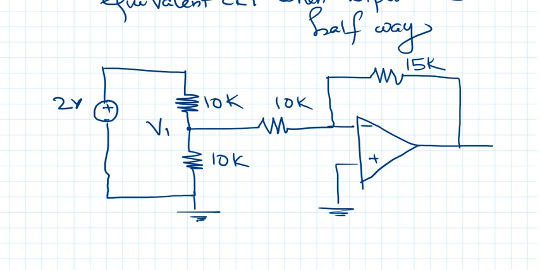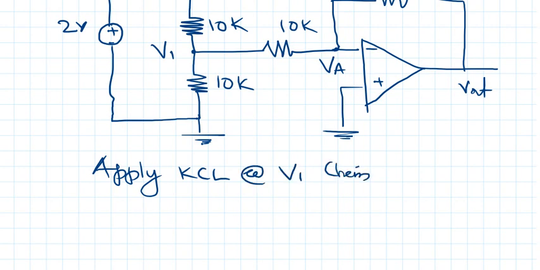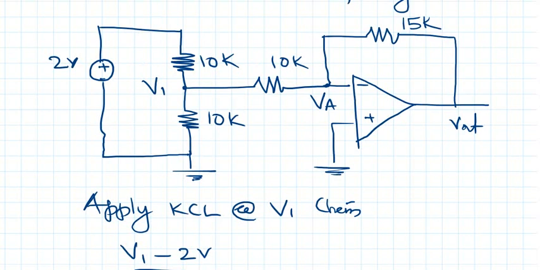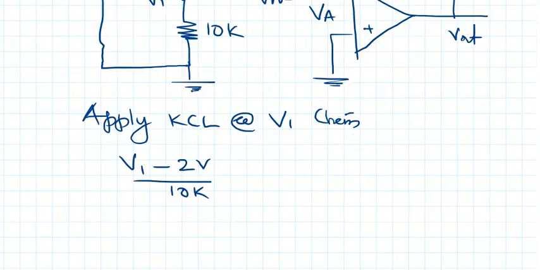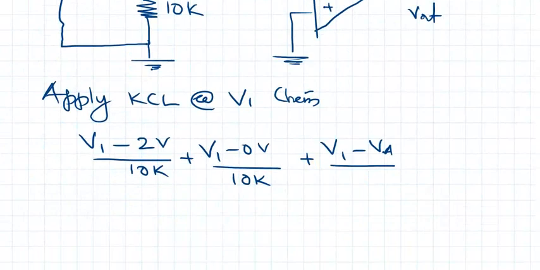Then apply KCL at V1, you will get V1 minus 2 voltage by 10K, V1 minus 0 by 10K, plus V1 minus VA divided by 10K is equal to 0, and put VA is equal to 0, because it's a virtual ground concept.